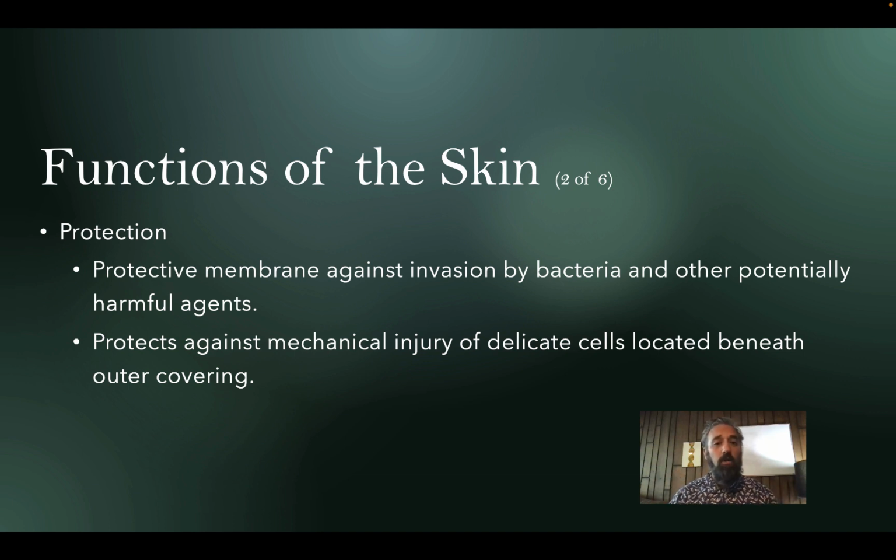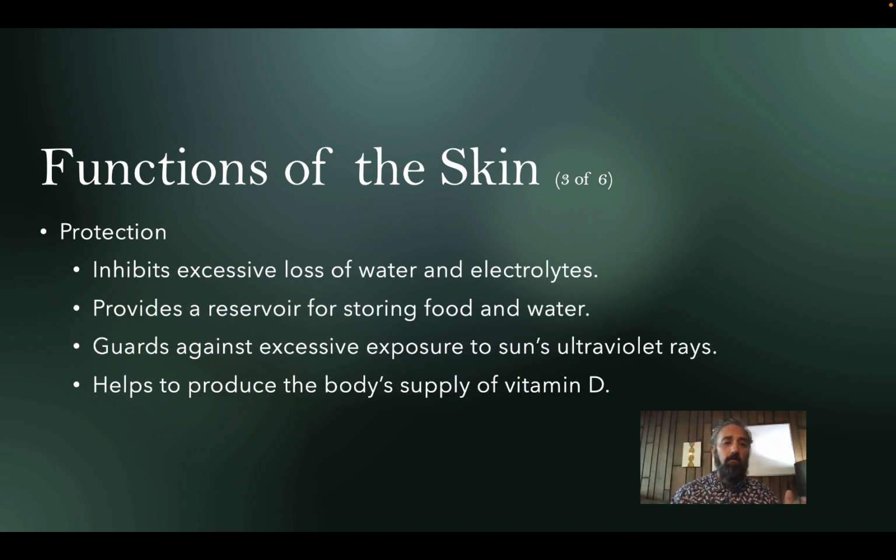Some of the protective qualities are against mechanical or bacterial infections. The skin can also protect the body from excessive loss of water and electrolytes. We are not amphibians. We don't dry up if we don't have enough water, which is why amphibians tend to live near water, and then also a variety of other issues along those lines.